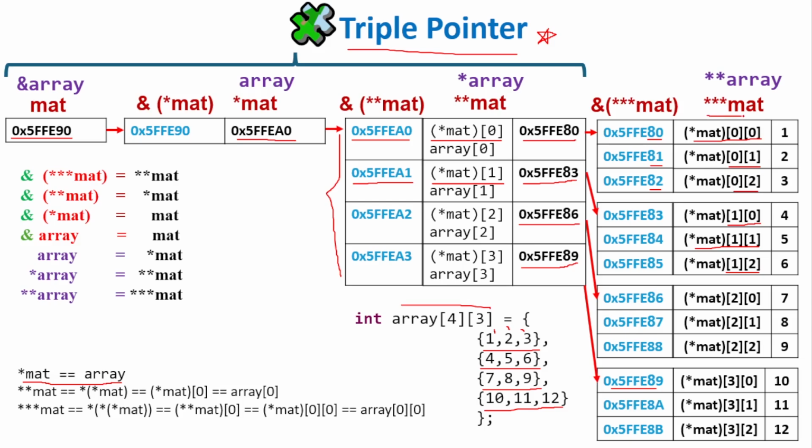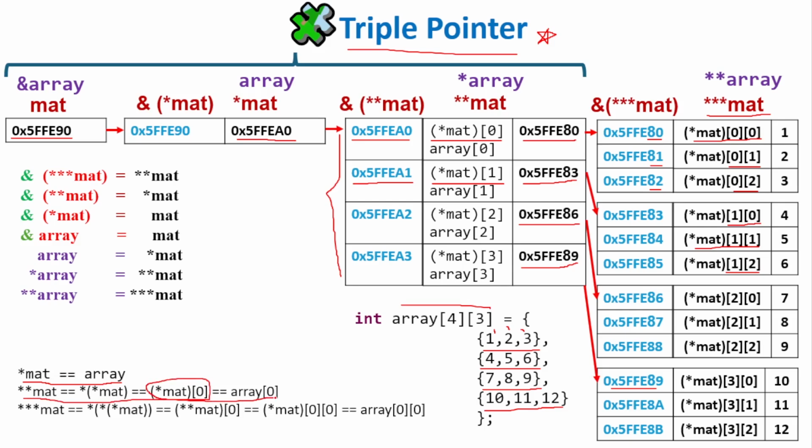All of this can be summarized as follows. Let's break down the relationship between our pointers and the array. First, *mate is equal to array. It points to the base of our dynamic 2D array, essentially the array of row pointers. Next, **mate is the same as *mate[0] or array[0].